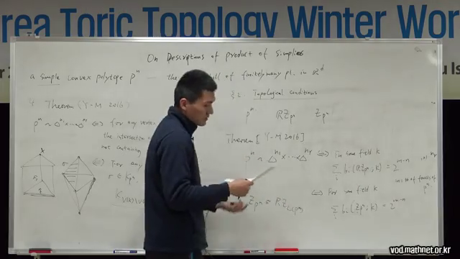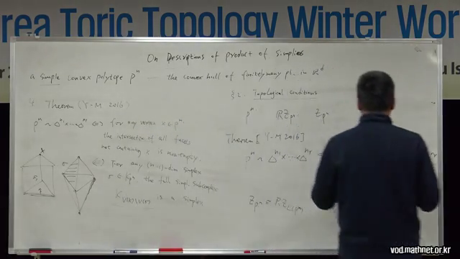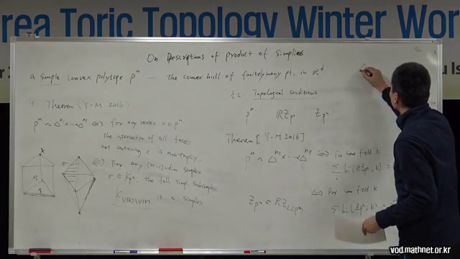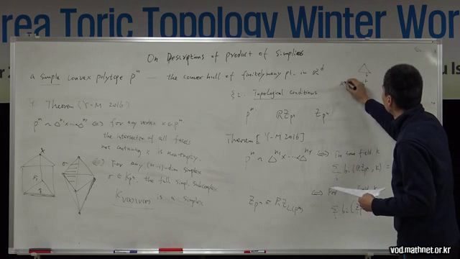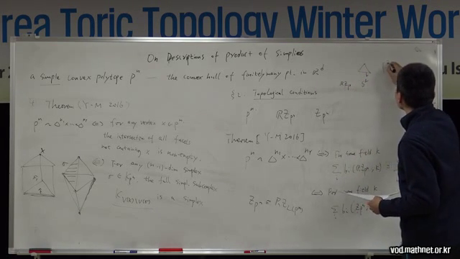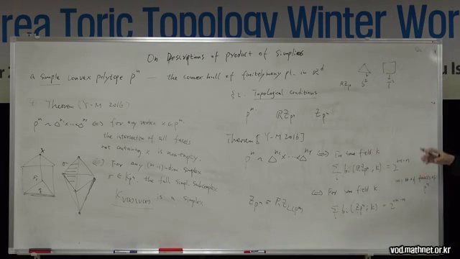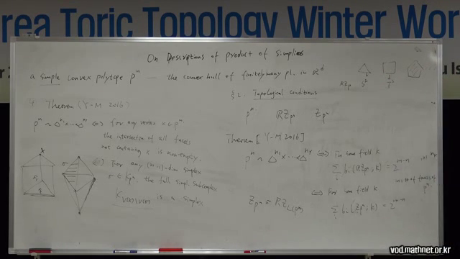For a two-dimensional polytope, we know the real moment-angle manifold. For the triangle, RZ_P is S^2, right? And the square gives a torus, right? So we can check. For other two-dimensional simple polytopes, this doesn't hold.